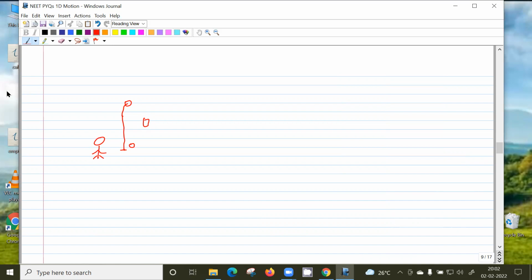So when the first ball is trying to come to his hand, the second ball should be somewhere here, and the third ball he is just throwing. Only then 2 balls will be there at any time. Is it clear? Yes.